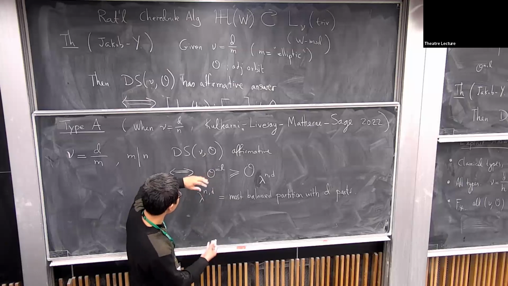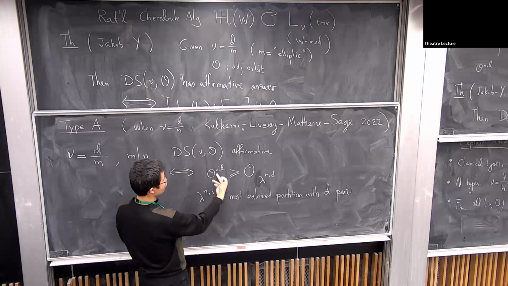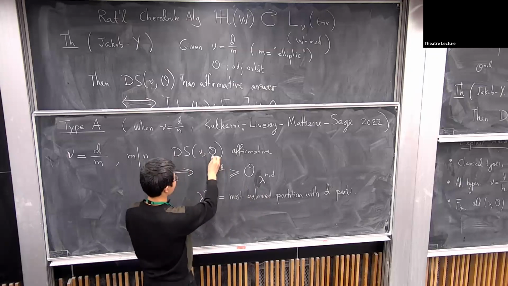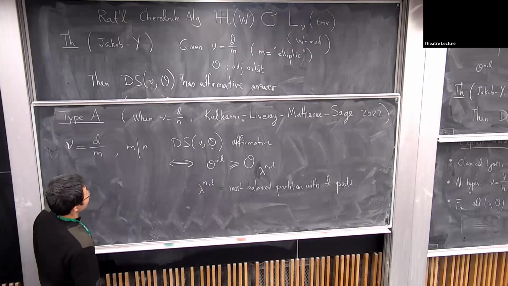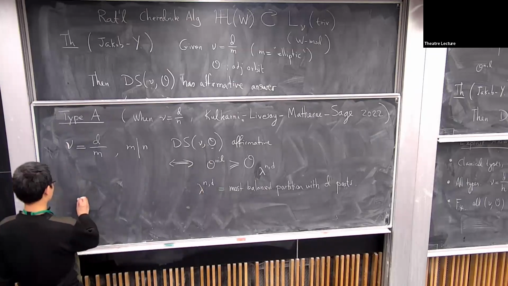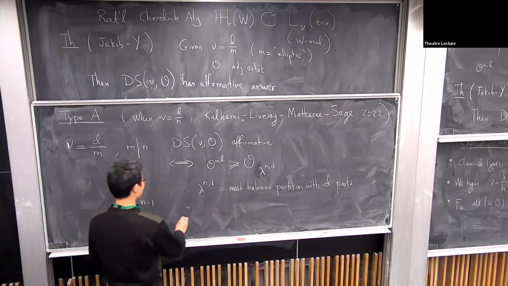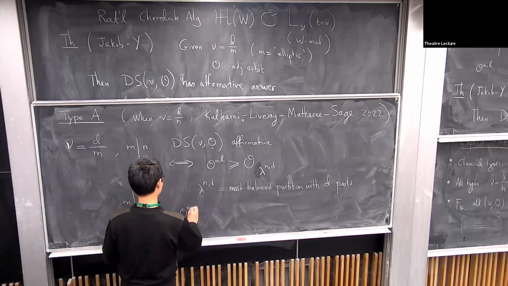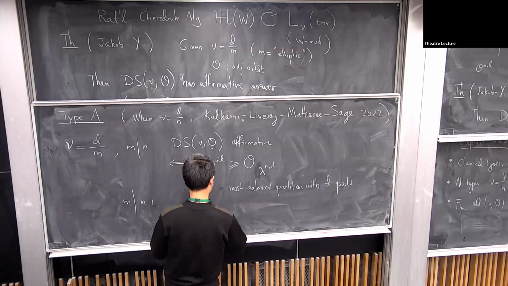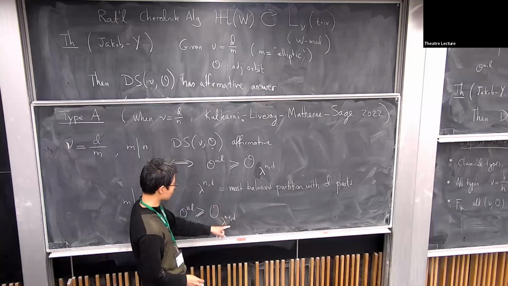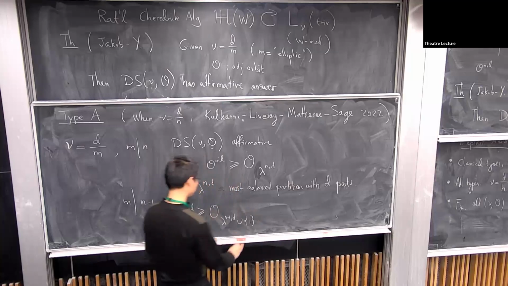And you can go one more step to spell out what it means for the limit nilpotent orbit to be bigger than this in terms of Jordan types. You can make it more explicit. Another case is when m is a divisor of n minus 1, then the condition is that O nil is greater than or equal to a similar thing, but with the most balanced partition with d parts of n minus 1 together with the trivial part.